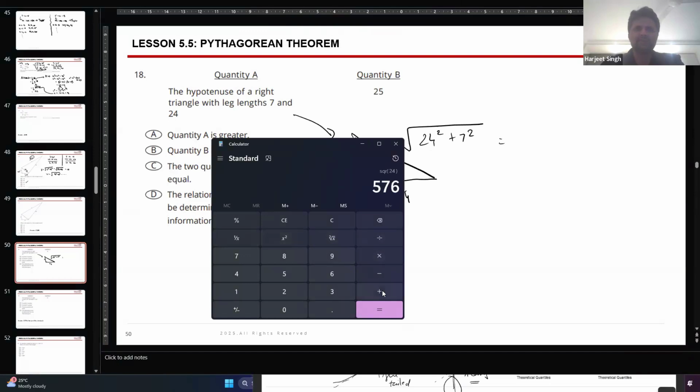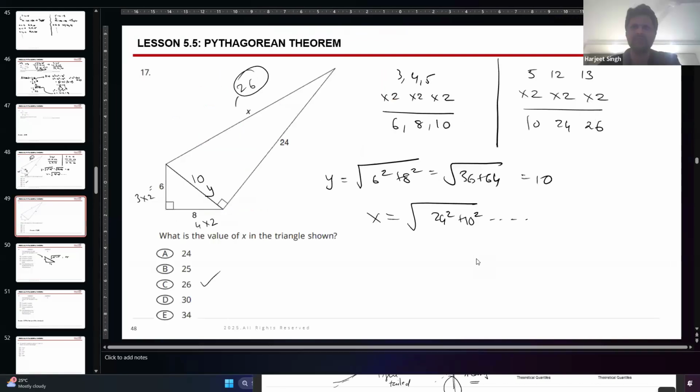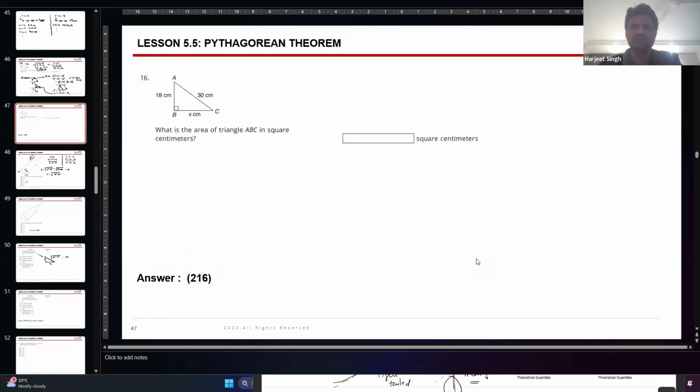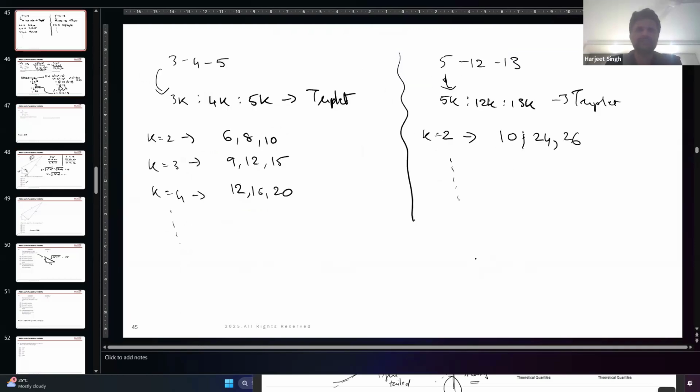24 square plus 7 square is 625, and we know 25 square is 625. This is 25. So you can make a note of this triplet as well in your list of triplets. Okay, so another triplet is 7, 24, 25.